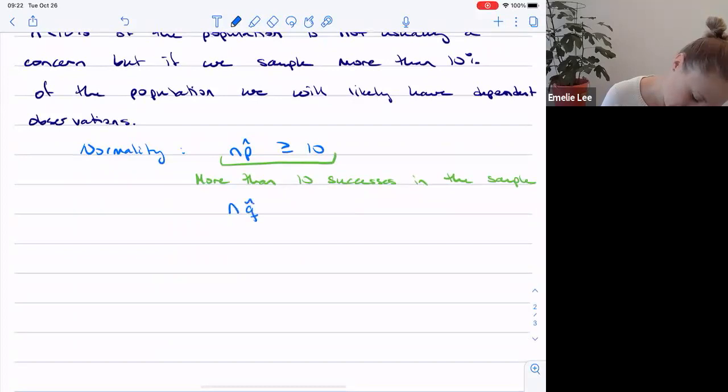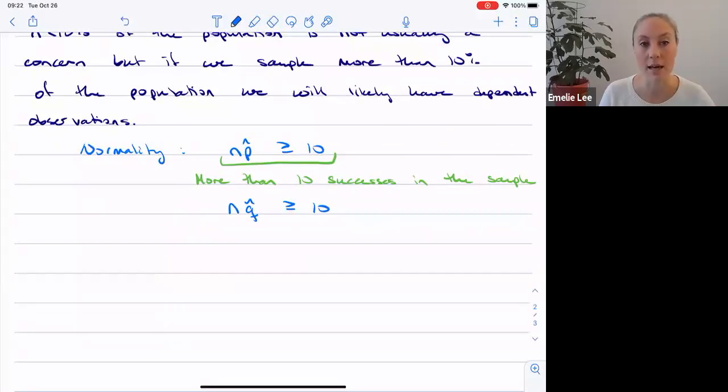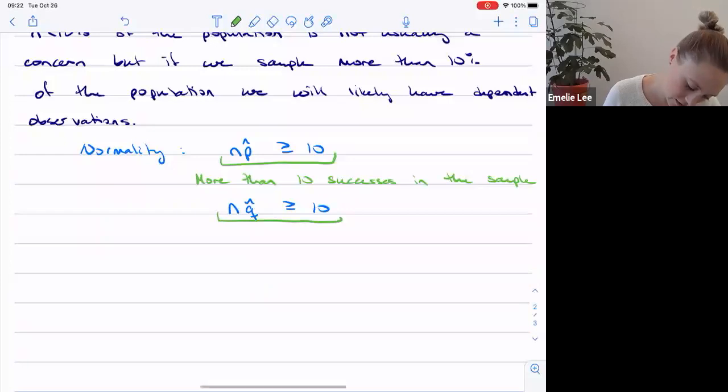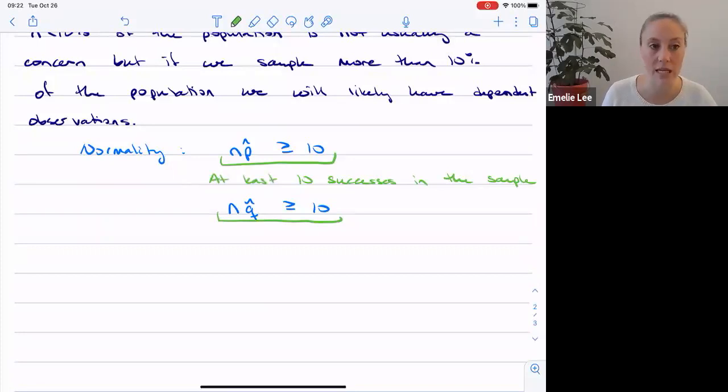N times q hat also has to be greater than or equal to 10. And that means we have to have at least 10 successes or failures. Maybe I should say that: at least 10 successes in the sample and at least 10 failures in the sample.